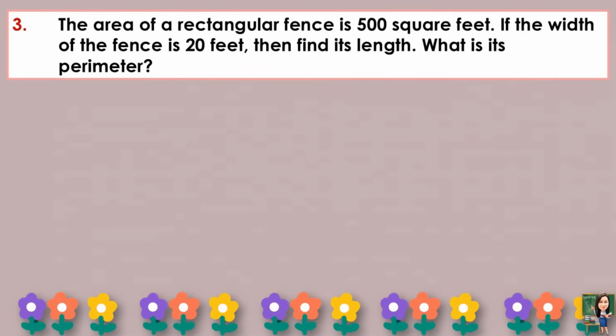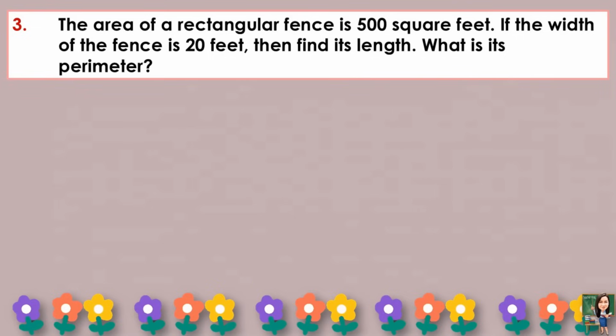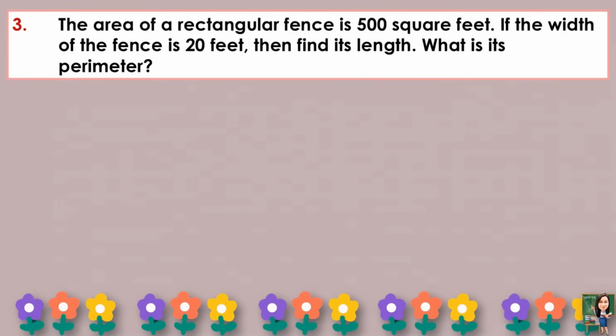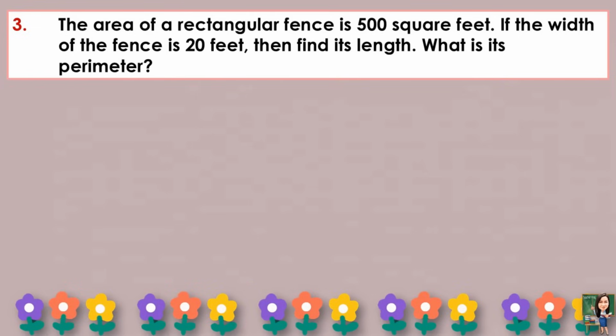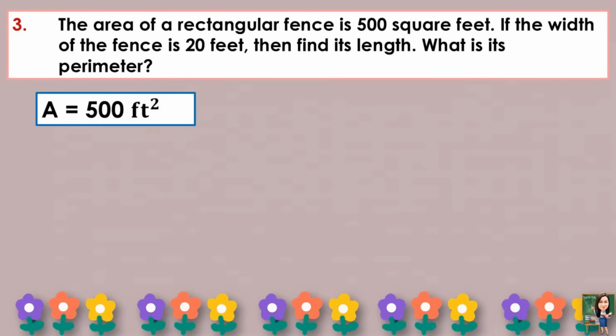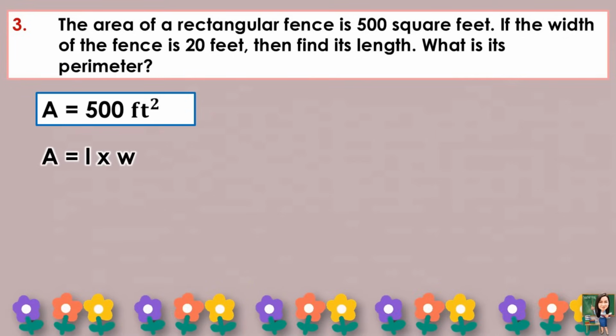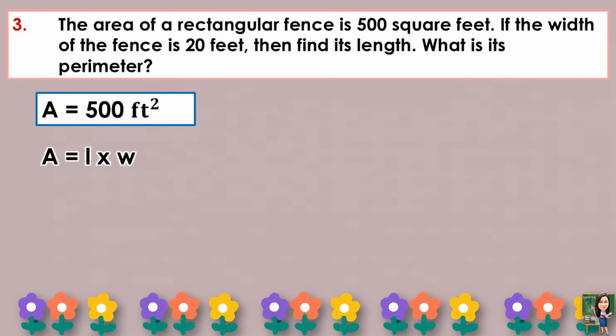Number 3. The area of a rectangular fence is 500 square feet. If the width of the fence is 20 feet, then find its length. What is its perimeter? So the area, according to this problem, is 500 square feet. Formula of area is area equals length times width. So we will find out what is the length of the rectangular fence.